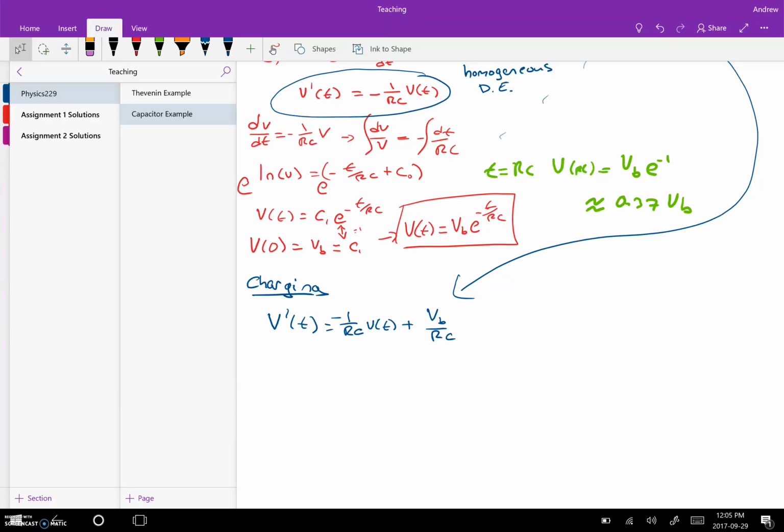The general solution to that crazy inhomogeneous DE is just whatever we guessed plus the corresponding solution to the homogeneous differential equation. Anyways, this is not a math class, but this is the kind of trickery that goes on in differential equations.